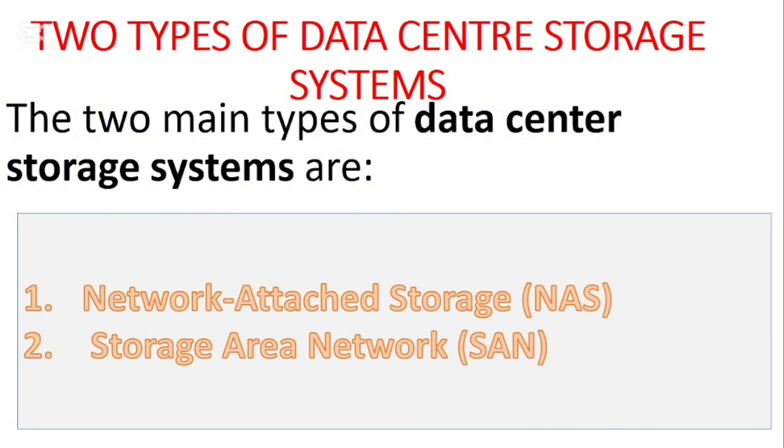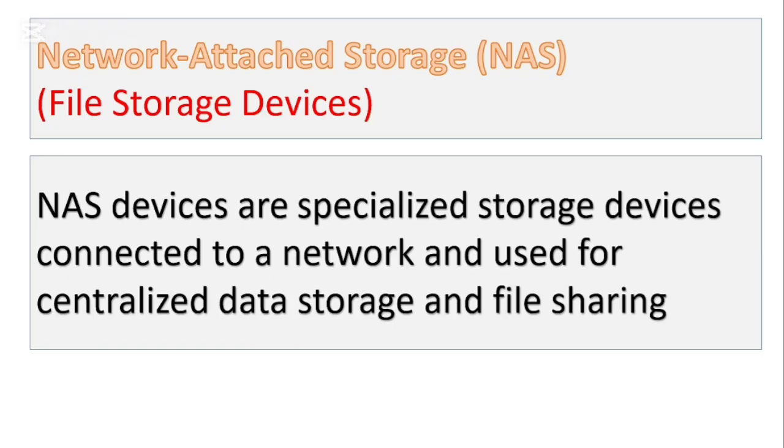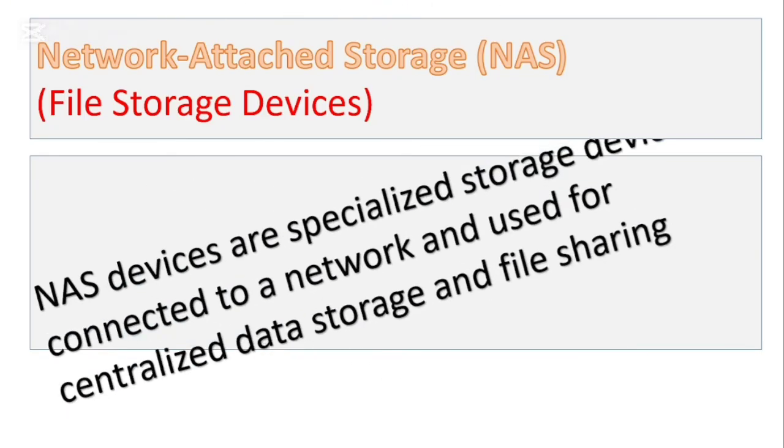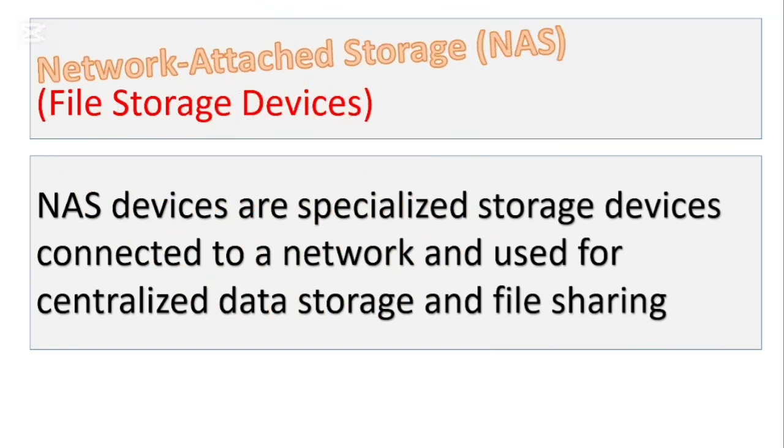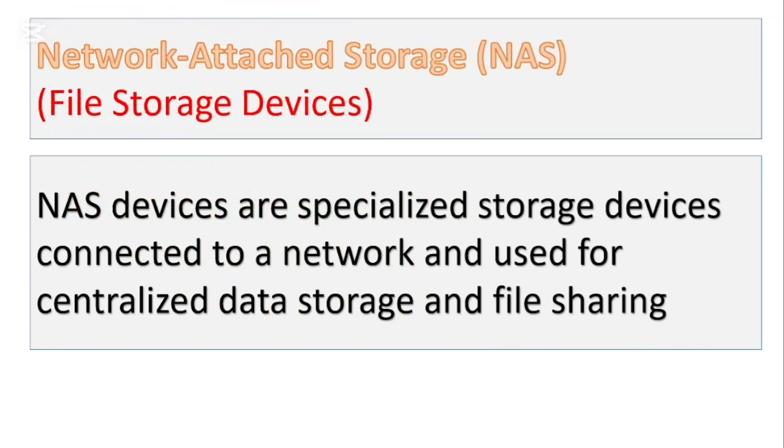So the definition of a NAS, that is the network attached storage: we are talking about a file level storage system that allows multiple users and devices to access shared files over a network.